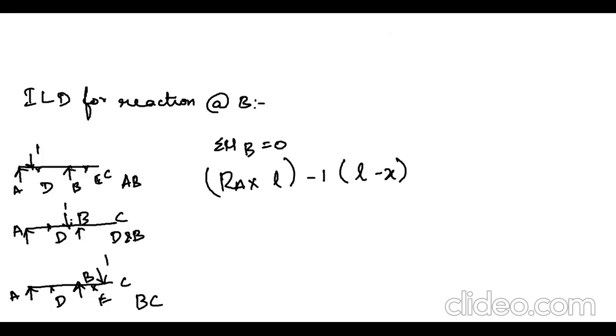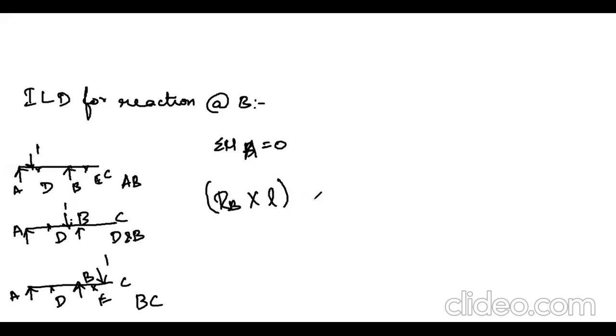Sorry, wait. We are going to find the value of RB, right? So we have to take moment about A. Then RB into L minus 1 into X will be equal to 0. You know the sign convention. So the value of RB will become X by L.